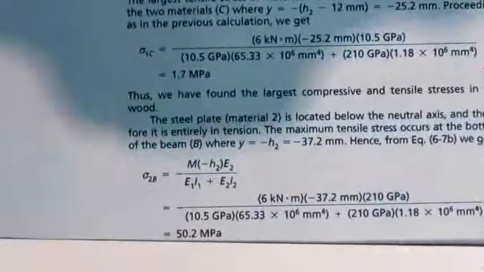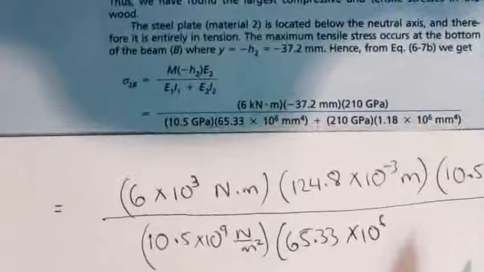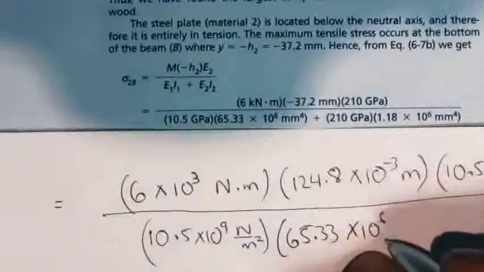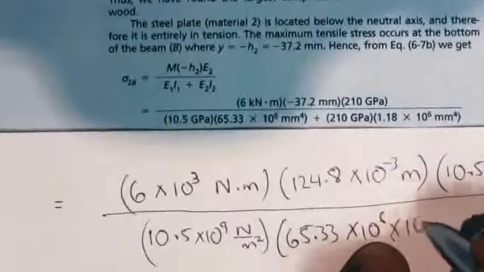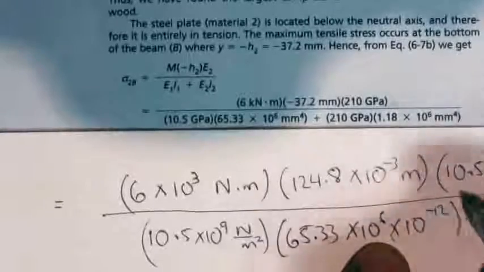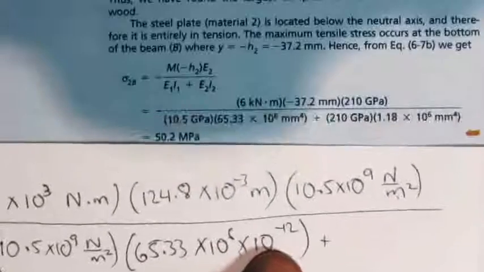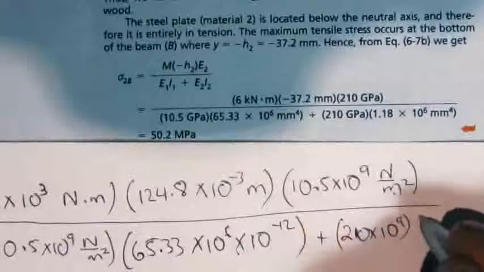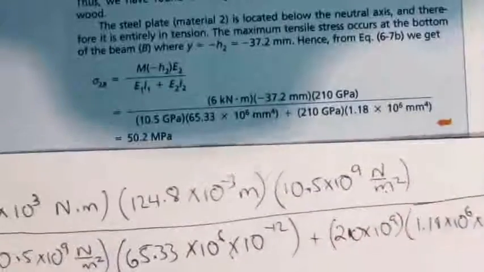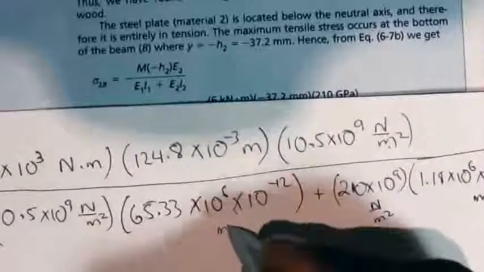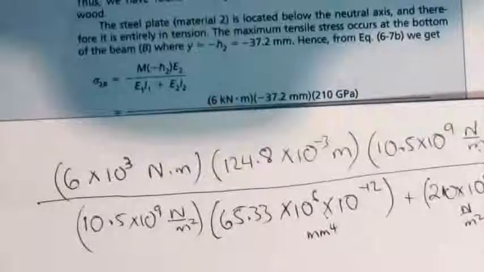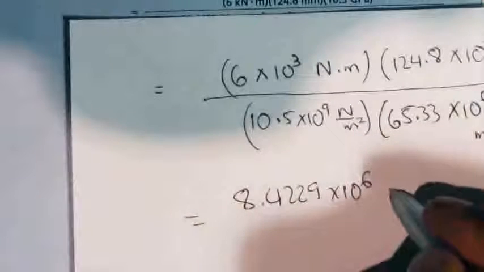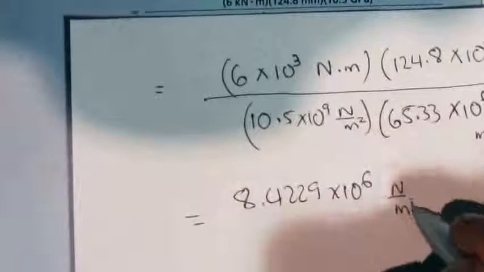We were still here. Okay, with 10 to the exponent of 6, and then here I can just multiply this part by 10 to the exponent of minus 12, and this is plus 210 to the exponent of 9 ... 8.4229 times 10 to the 6 Newton per meter squared.